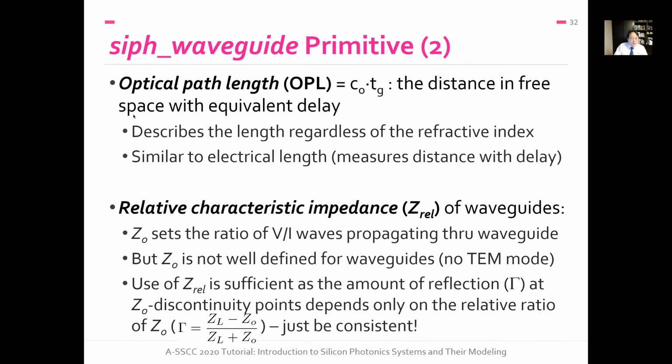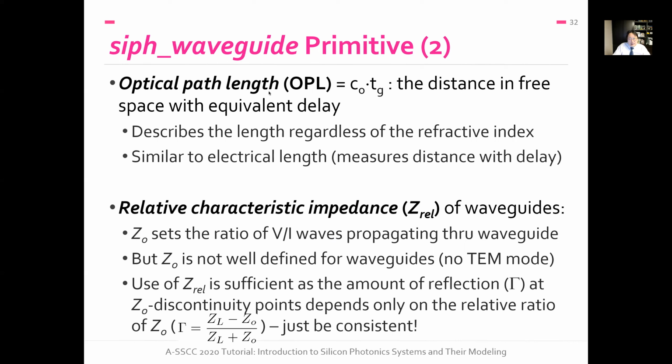You may be familiar with the concept of electrical length in electrical wire, like a transmission line, which describes the length of a transmission line not using its physical length, but using the propagation delay. We say, oh, this transmission line is 10 seconds long, 2 seconds long, and so on.